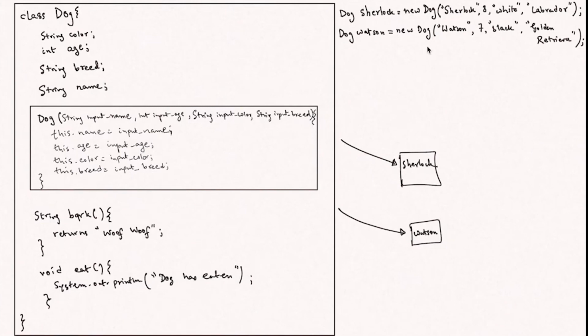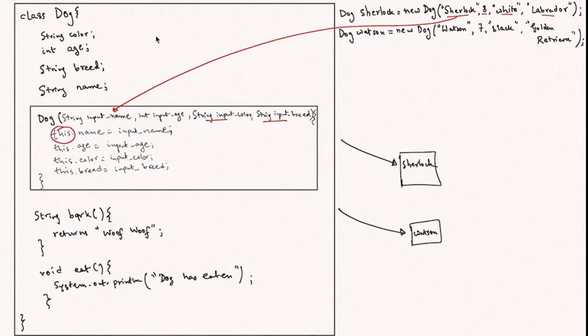Now, when we defined Sherlock, we had this variable that was input. This variable corresponded to this here, right? This variable corresponded to this, and this variable corresponded to this. Now, when we were creating Sherlock, this meant Sherlock, all right?